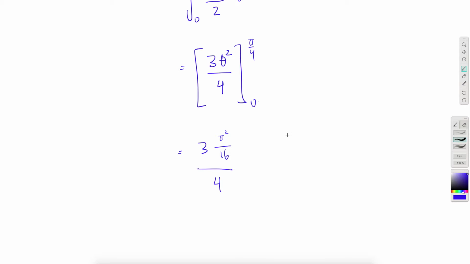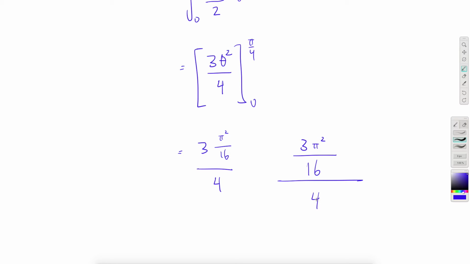We don't have to worry about putting that 0 in. So this is going to give us 3 pi squared over 16 over 4. So this is just 4 times. Actually, wait.